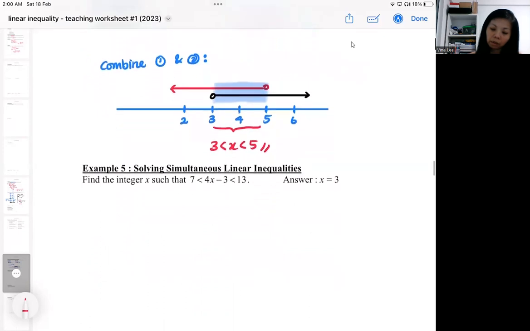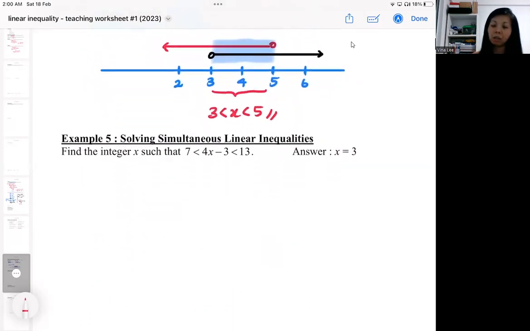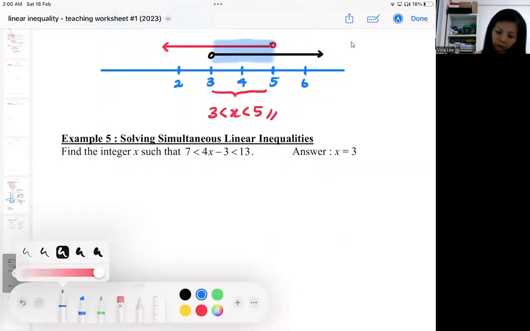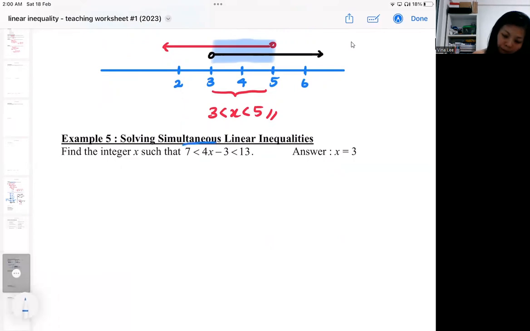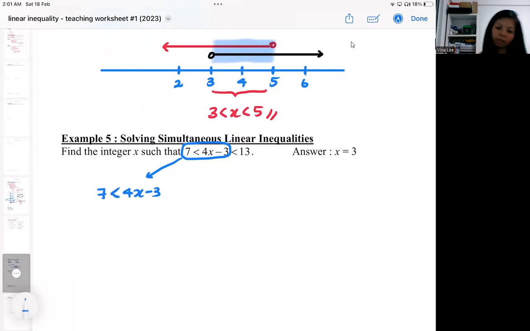Another kind is where they are squeezed inside one inequality. For such a question, you split them like this. The first half is one inequality. The first half is actually sharing.